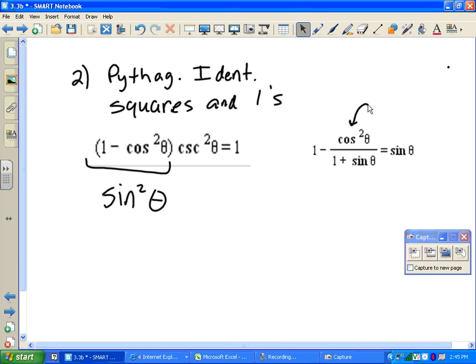So that Pythagorean identity that we can use with this, let me write it above: sine squared theta plus cosine squared theta is equal to 1. So cosine squared theta would be equal to 1 minus sine squared theta. So in the first step of verifying this identity, let me rewrite this.